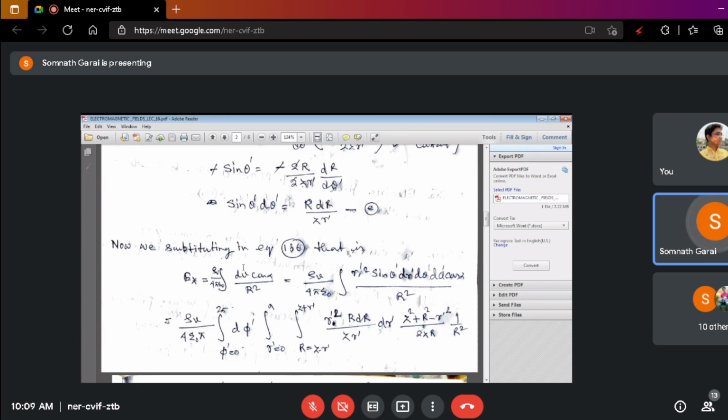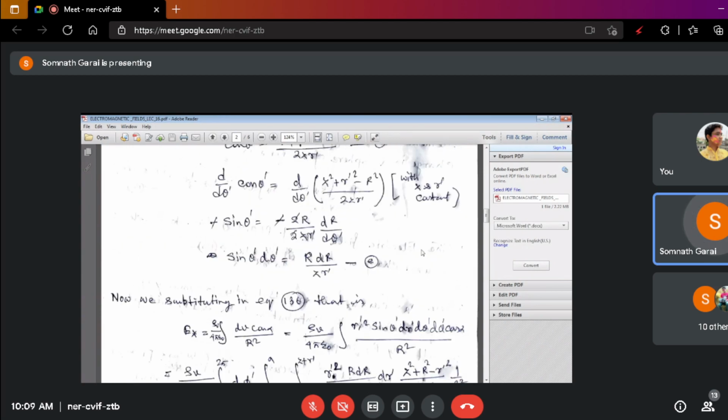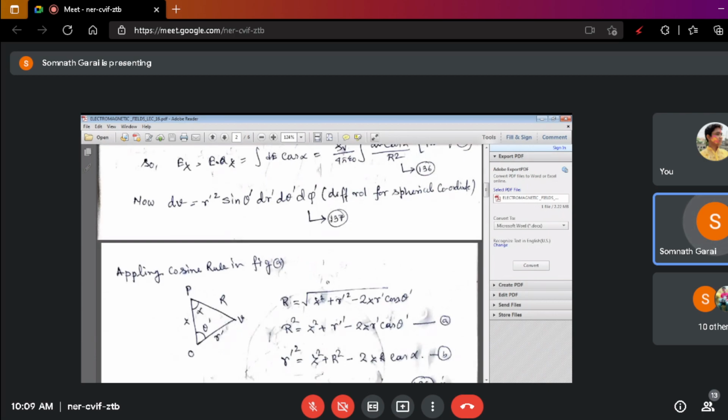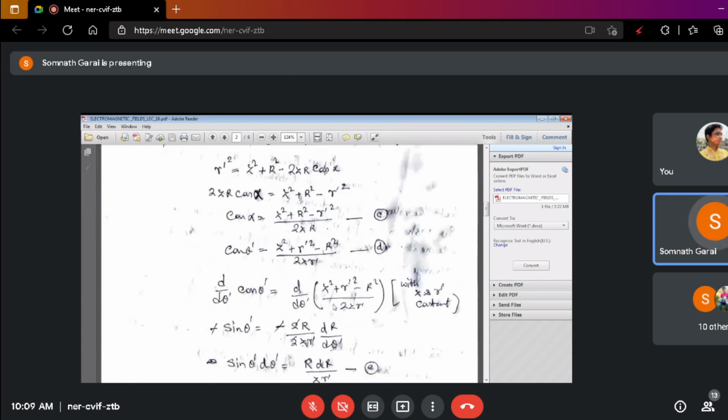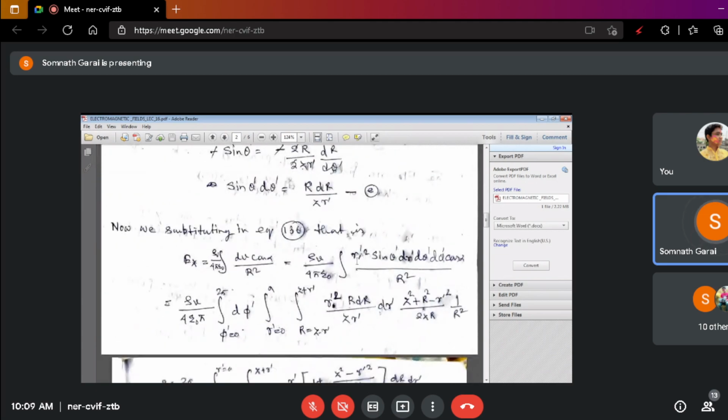We have calculated the dV in equation number 137, that is given by r dot square sin theta dot dr dot d theta dot d phi dot. Put it in this equation: r dot square sin theta dot dr dot d theta dot d phi dot cos phi by r square.